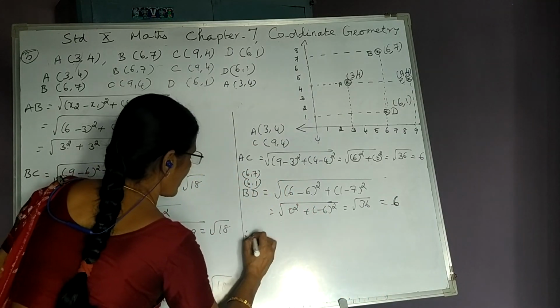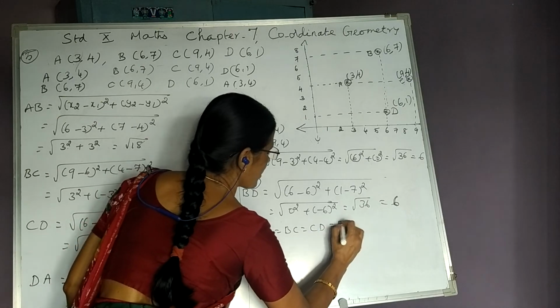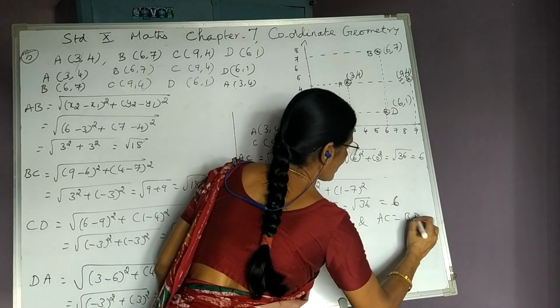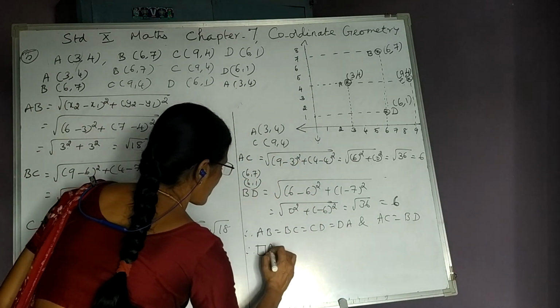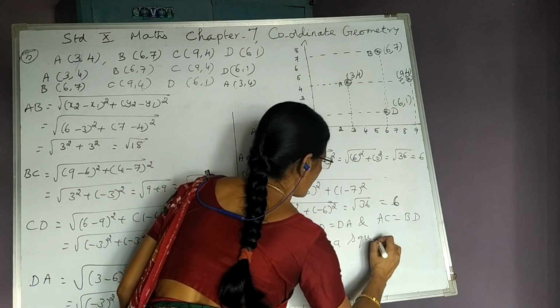Therefore, we get AB equal to BC equal to CD equal to DA, and the diagonals AC and BD are also equal. Therefore, this quadrilateral ABCD is a square.